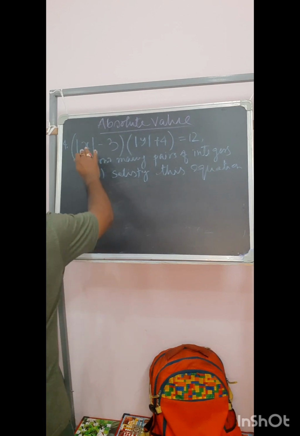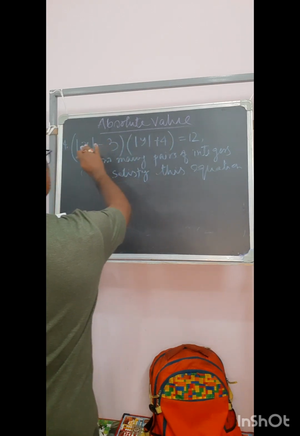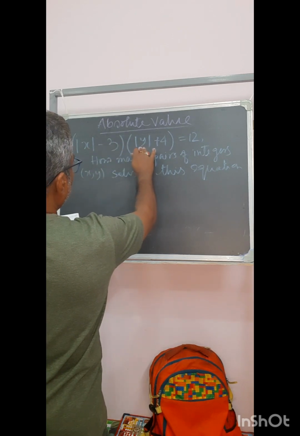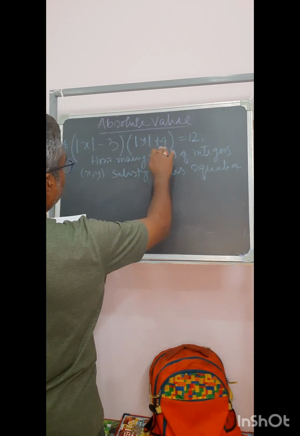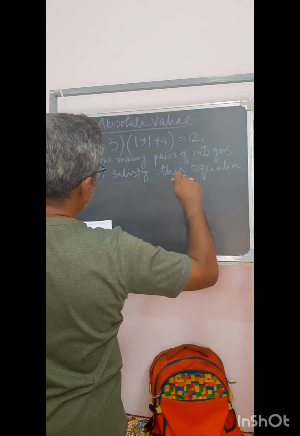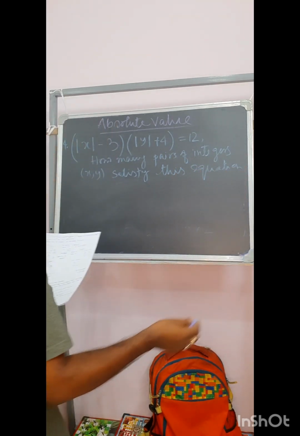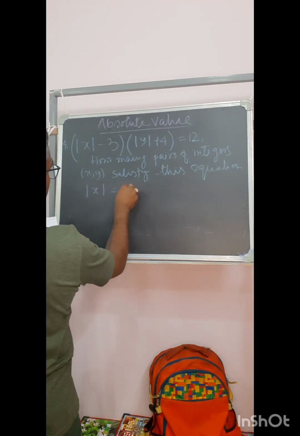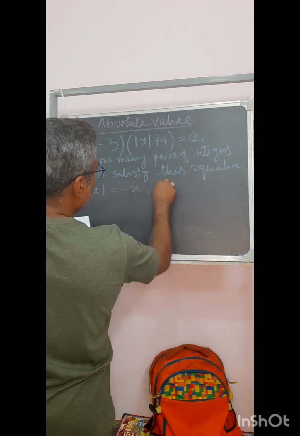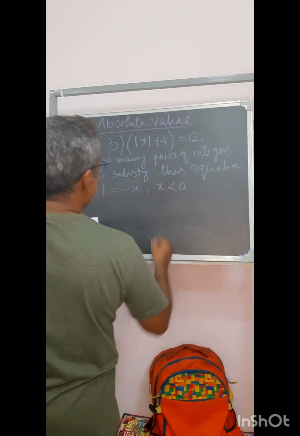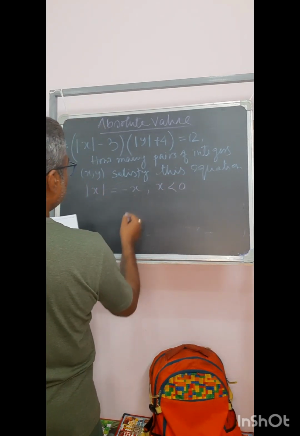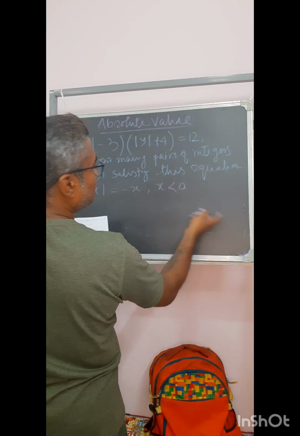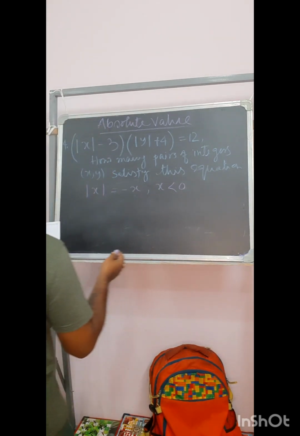One thing you have to keep clear in mind: not for any value of x do you have to take a reference value of y. If I say mod x equals minus x for x less than 0, it is possible that for that condition y can be greater than 0 or y can be less than 0. Any condition may arise.